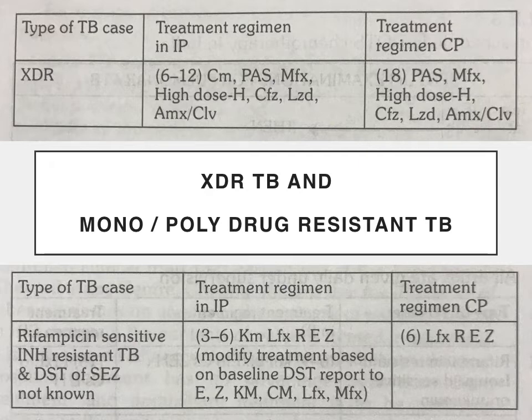And these patients are to be treated with the standard treatment regimen for multiple drug resistant TB that contains 6 to 9 months of initial phase or intensive phase, I would say, with kanamycin, levofloxacin, ethambutol, pyrazinamide, ethionamide, and cycloserine, and 18 months of continuation phase with levofloxacin, ethambutol, ethionamide, and cycloserine, and all drugs are given daily under supervision.